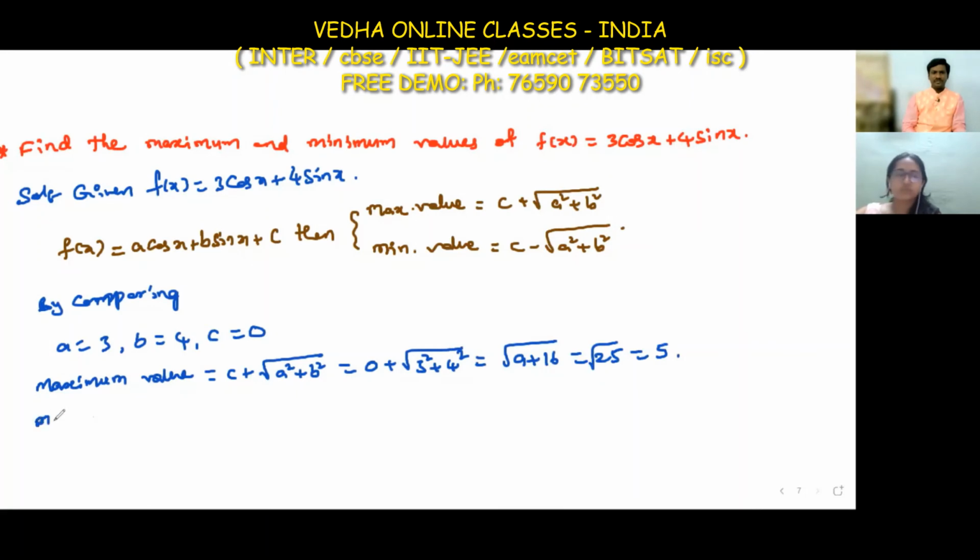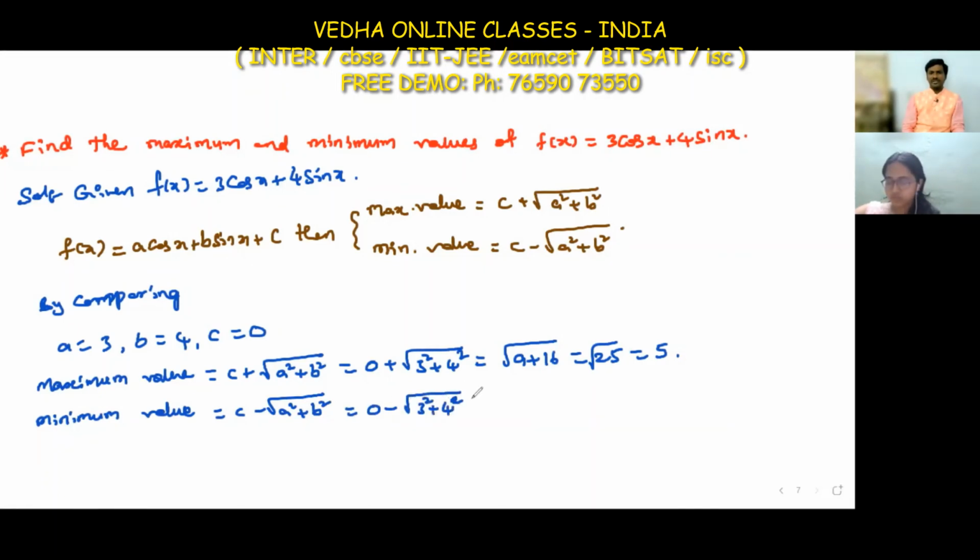And the minimum value is c minus under root of a square plus b square, that is 0 minus under root of 3 square plus 4 square, that means minus root of 25, which is minus 5. This is the maximum value and minimum value.